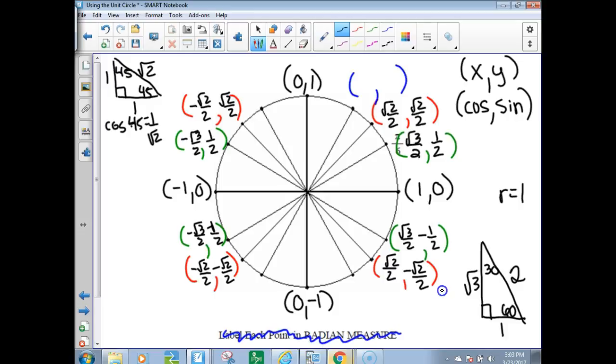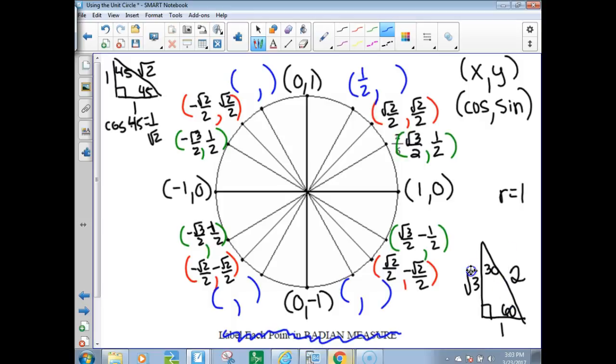Okay. Let's see, I'm going to do all the 60-degree reference or pi over 3s. Back over to your special right triangle. 60 degrees. Cosine would be 1/2, adjacent over hypotenuse.